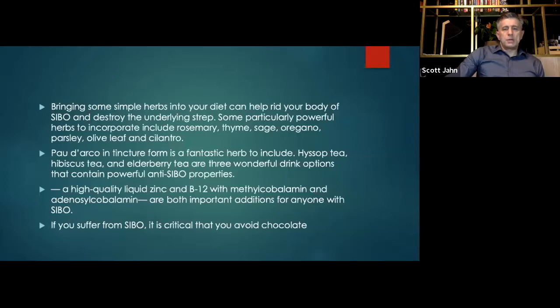And you want to make sure that we're avoiding chocolate, because that's just going to feed the SIBO. The other thing to mention is we can get a magnesium deficiency, which can cause neurological problems when we get SIBO. So we want to supplement with magnesium to make sure that doesn't happen.